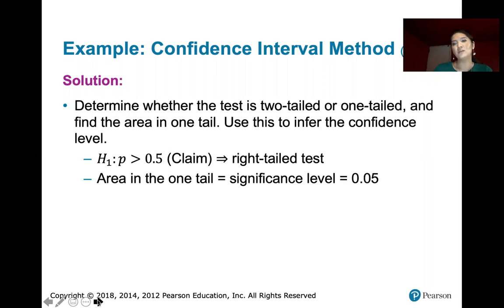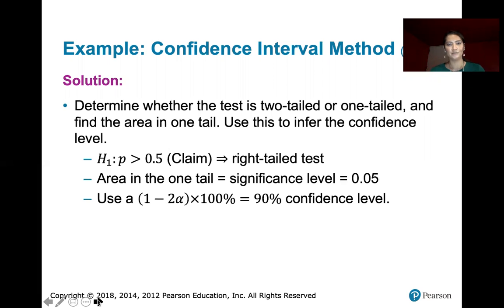So if the area in one tail is 5% and we're using a confidence interval, I need the area in the top tail to be 5% because we've got a right-tailed test with a significance level of 5%, or 0.05. And I also need the area in the left tail to be 5%. So I've got 10% of my area in the tails. That means I've got 90% of the area in the middle. So I want a 90% confidence level.